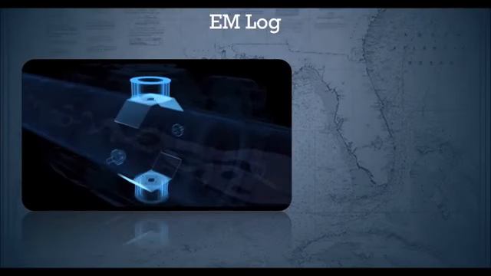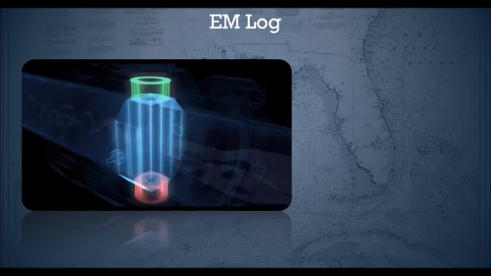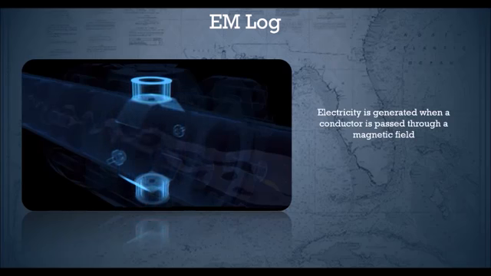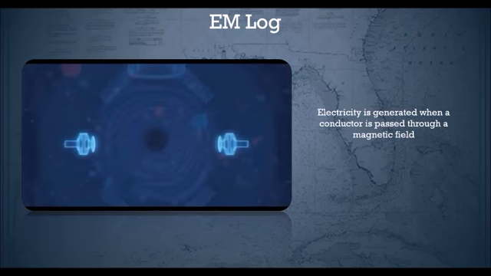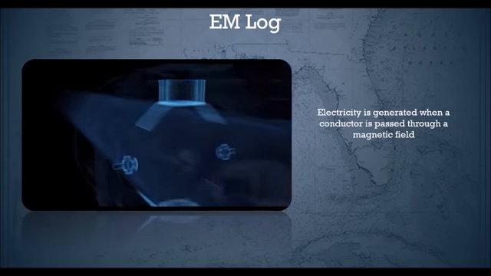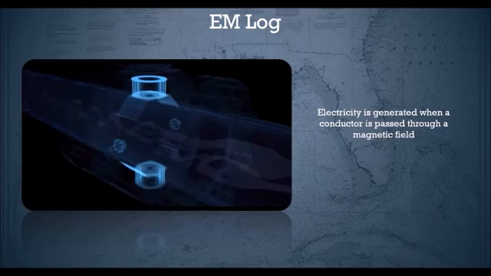You also need to understand the electromagnetic log. Basically, there is a magnetic field which is generated by a magnetic coil. There is also a pickup coil perpendicular to this magnetic field.